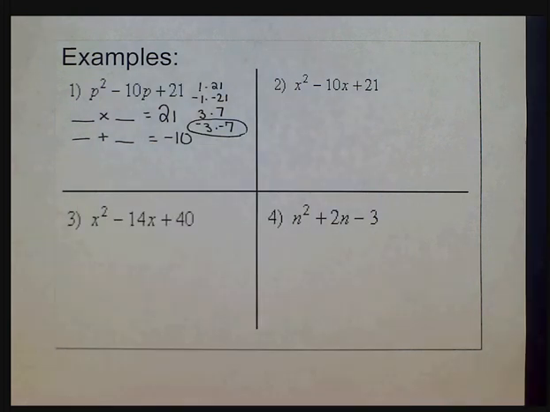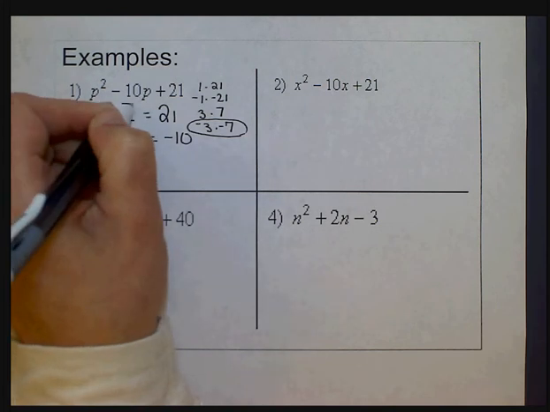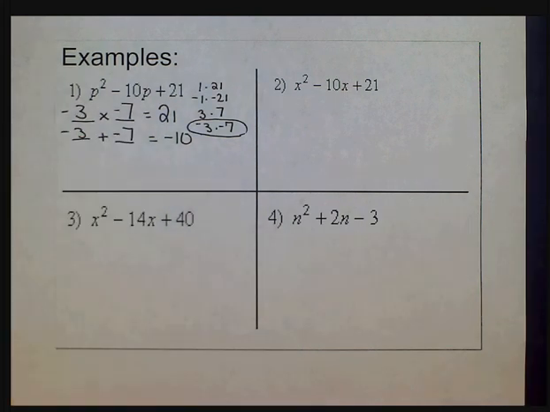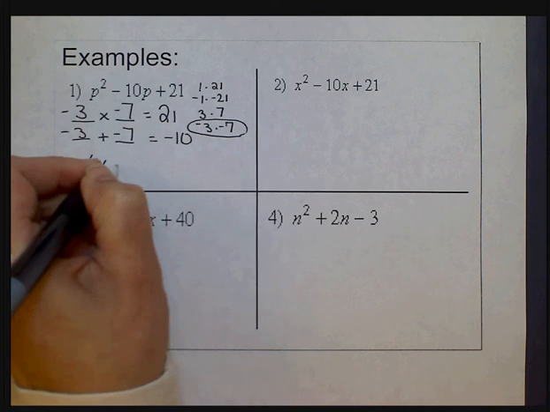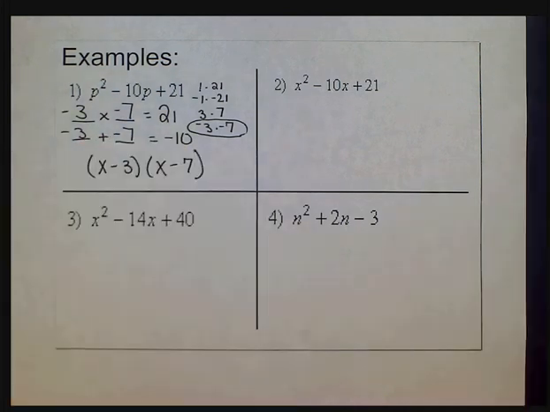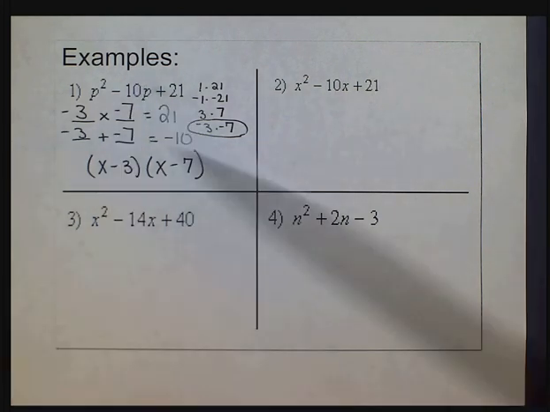And that would be negative 3 times negative 7. So I check. Negative 3 times negative 7 gives me a positive 21. And negative 3 plus a negative 7 gives me a negative 10. So my factors become x minus 3 times x minus 7. Because when I multiply those, or I FOIL them, I will end up with this trinomial.